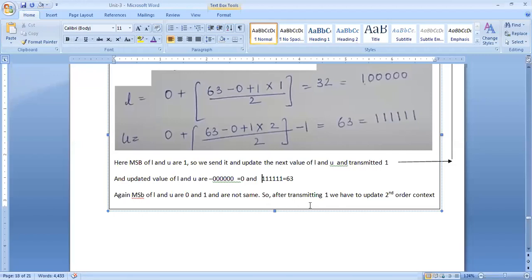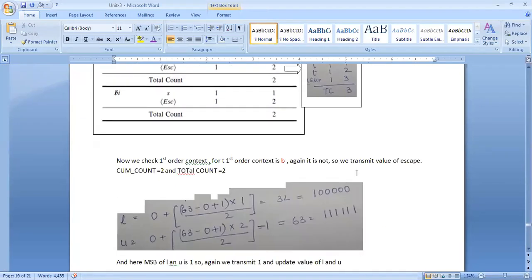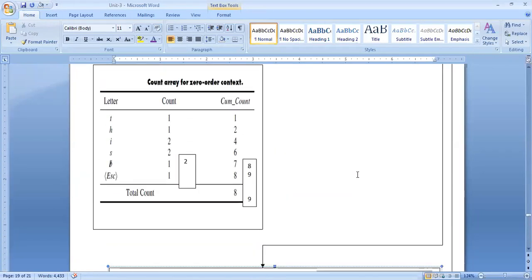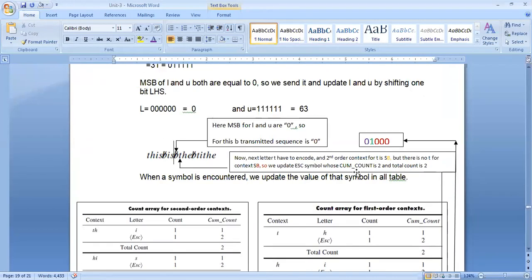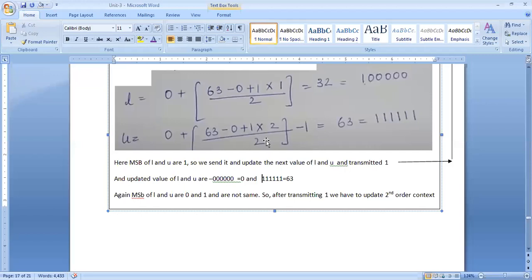So after transmitting 1, we have to update the second order context. Let us see what is the difference between the previous and this. So after this one, we will transmit 1 and update the second order context.